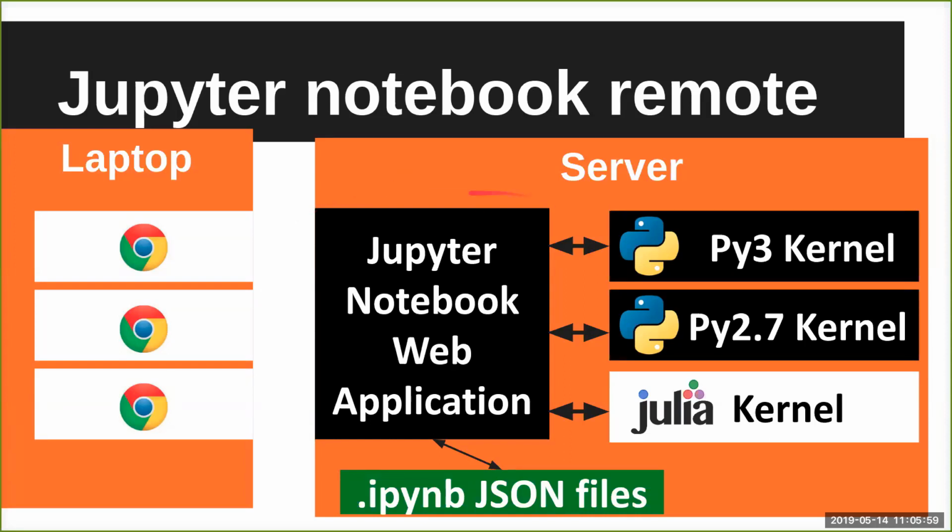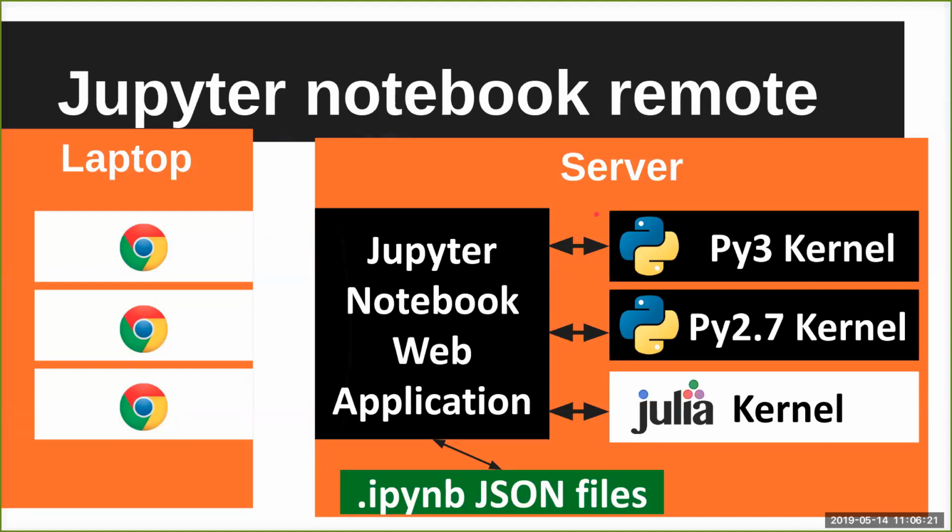So you can have a server where you have your Jupyter Notebook deployed, and then you connect remotely with your laptop. The Jupyter Notebook and the kernels are running on a remote server, and just the front end is running in your browser, but everything else is remote. And this is what we are doing on Comet.